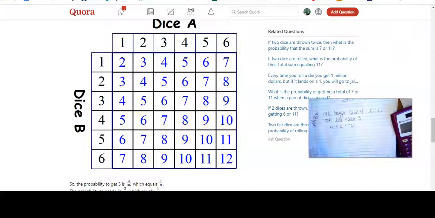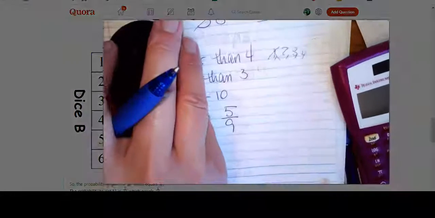So I get 20 out of the 36. And 4 goes into both of those, so I'll have 5/9. 5/9 is what will satisfy those. So those are my answers.